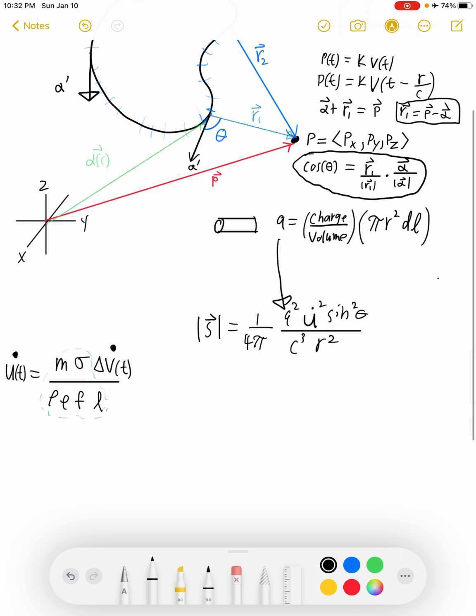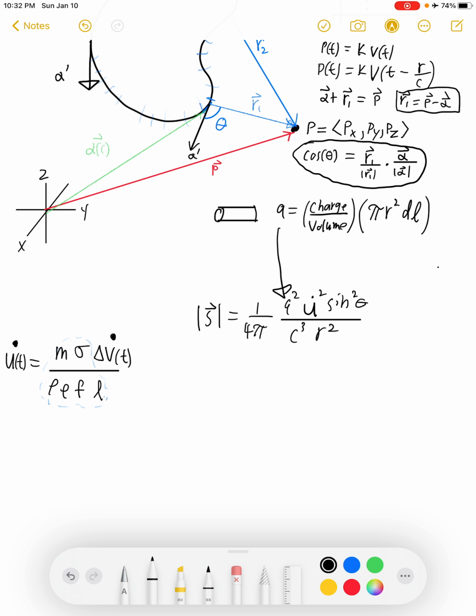So let us just say that, just to show you how to compute that, R1 is going to be given by, let's just, theta is equal to arc cosine of what we just mentioned, which is going to be that: subtract p minus alpha vectorially.